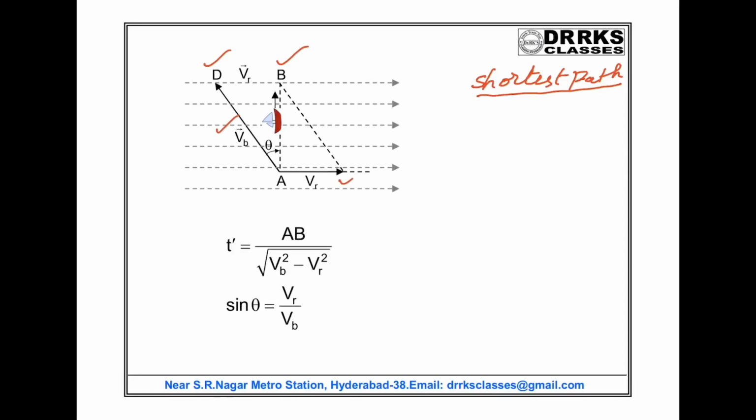So he has to drive the boat at an angle theta with the vertical given by sin theta = VR/VB. He reaches the other end after time t = AB/√(VB² − VR²). So this is the shortest path.